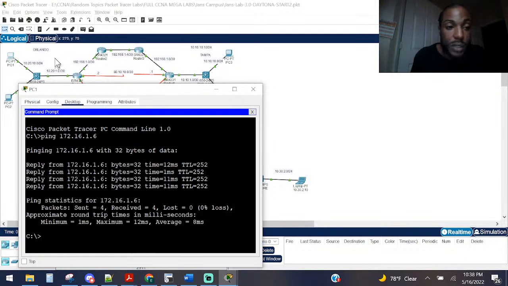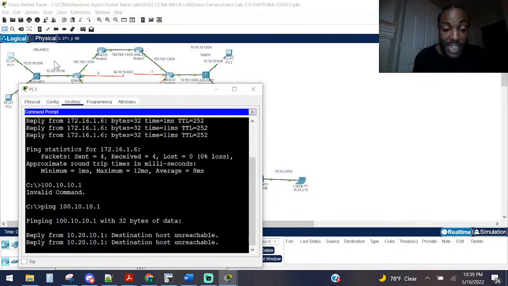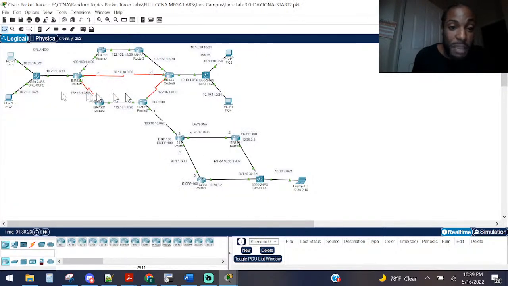And then let's try to ping that BGP network, 10.100.100.10. Ping that address, and we did not get a reply, so something is broken. We can't get past router 5, I don't think.